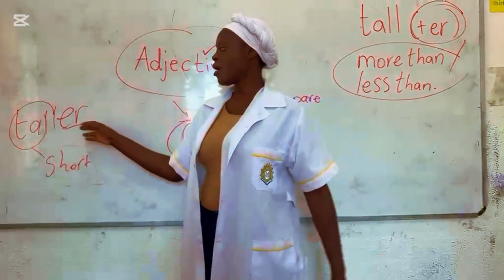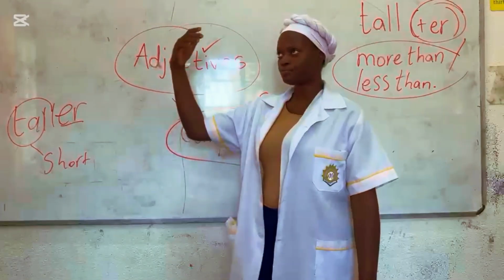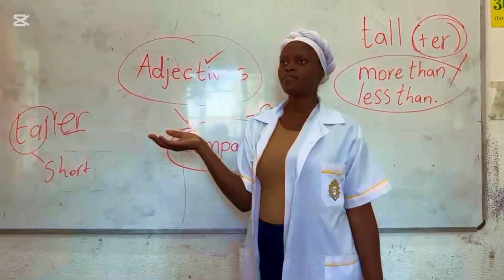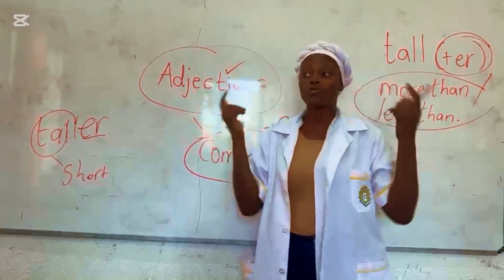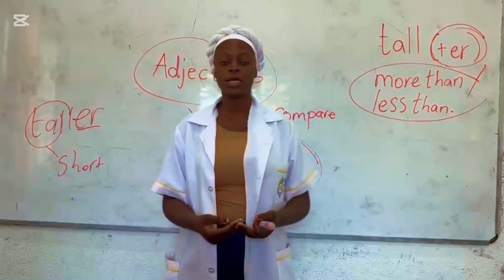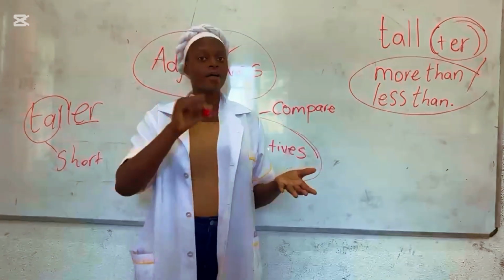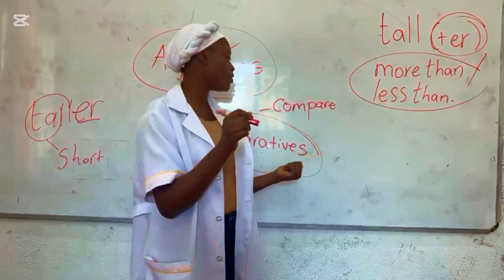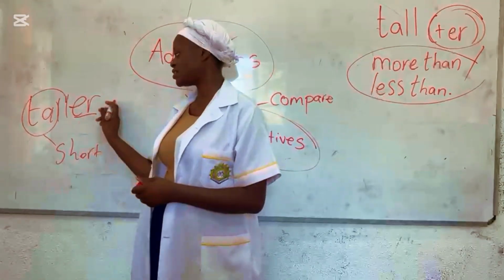We add ER in short describing words like, for example, we also have smart. Smart is someone who is good at something. Okay? So smart, we can add ER to change it to a comparative word, smarter. Okay, we have added ER.